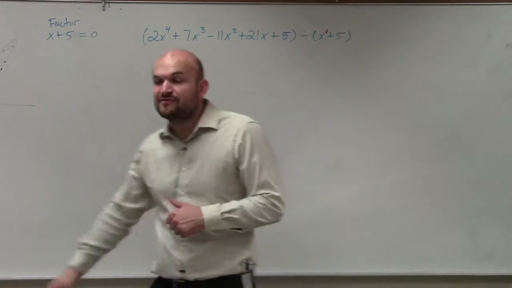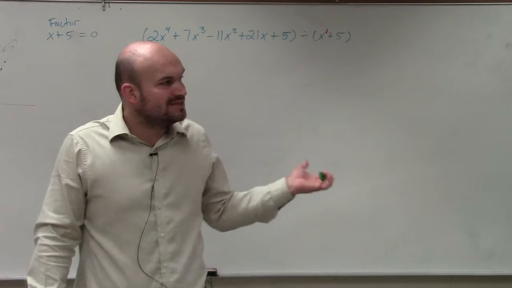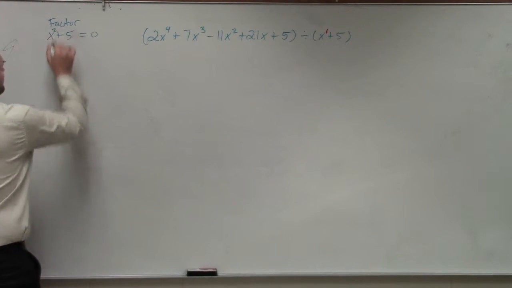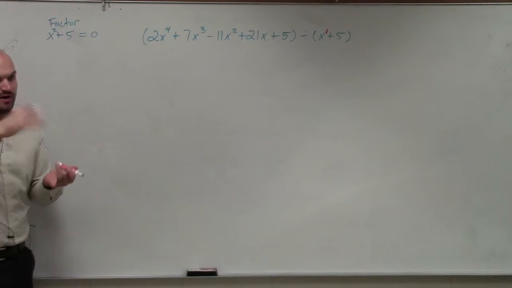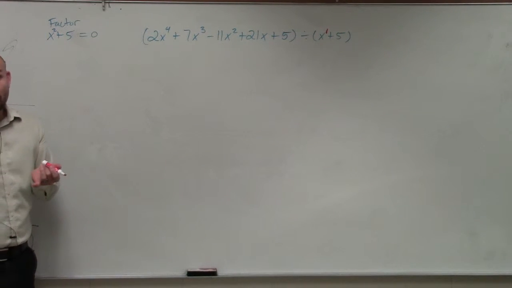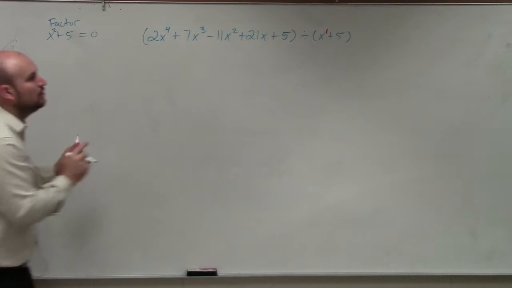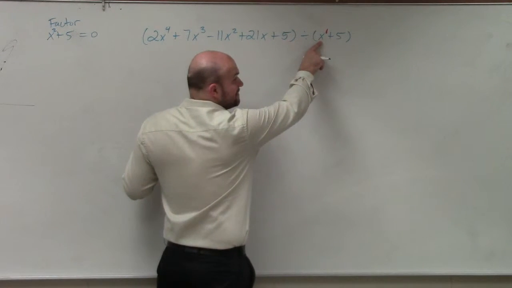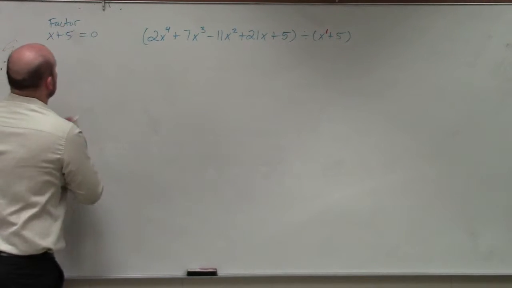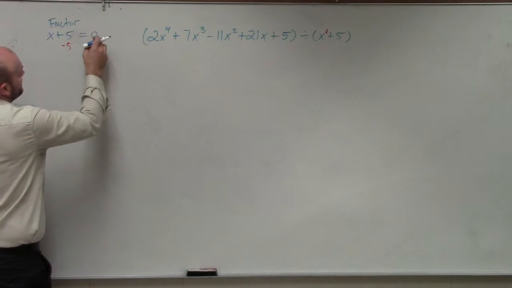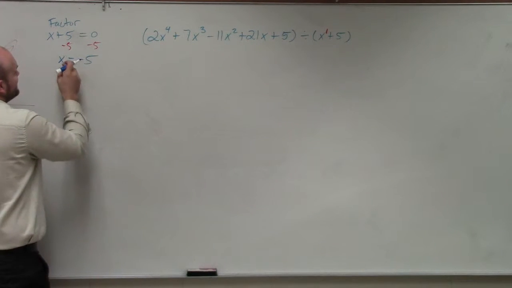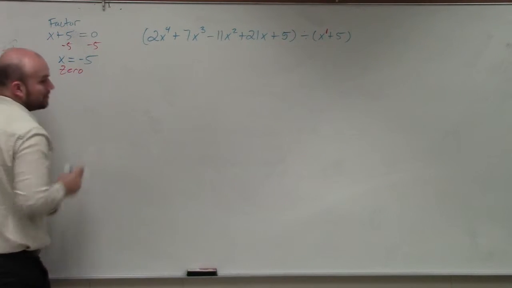So if it's not raised to the first power, you're going to have more than one 0, right? For instance, if this was like x squared, would you guys agree with me? Now I'm going to do square root. I'm going to have plus or minus, right? So I'm going to have more than one factor, or more than one 0, which I can't do. I can only do it when my variable is raised to the first power. All right, so then by doing that, I have x equals -5. That is my 0. OK?